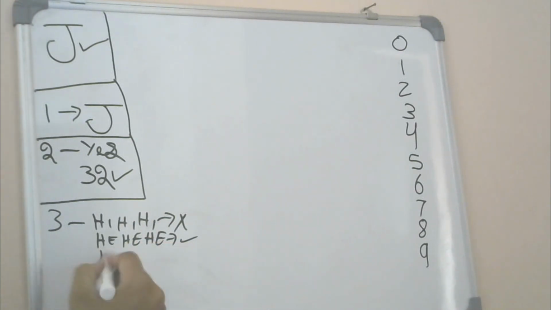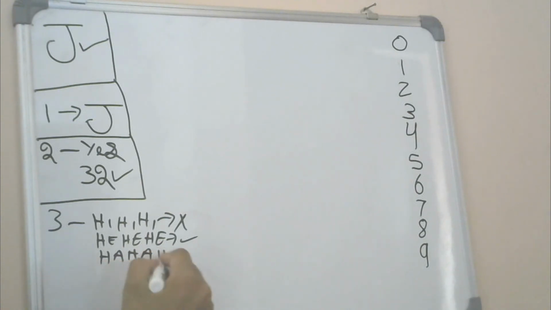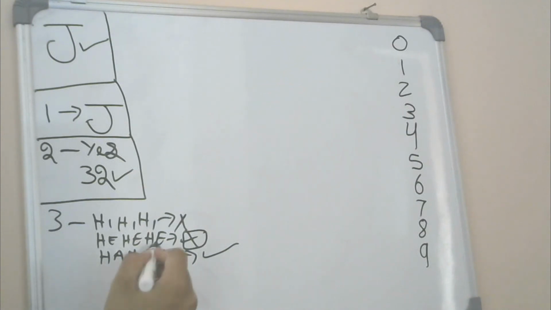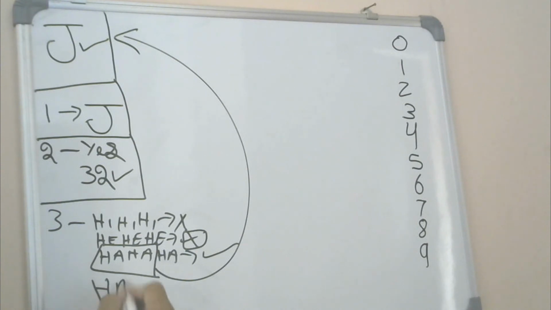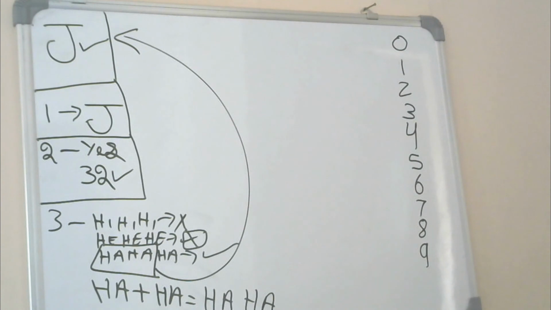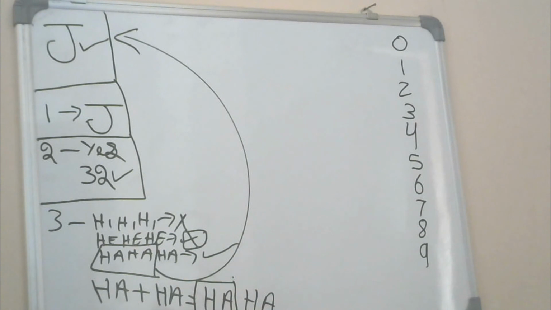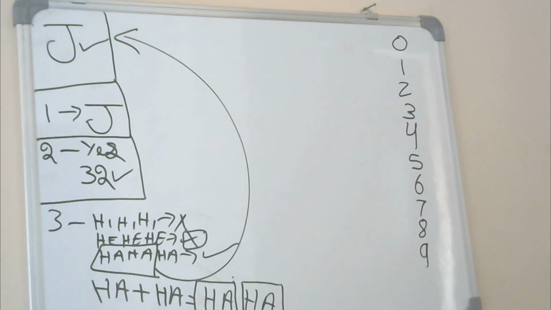Some people will say, haha. This is the pronunciation of this letter: ha plus ha. Ha, ha. Not ha ha ha ha ha. Just ha, ha. You have to stop here. So this is the third step, how to pronounce it correctly.